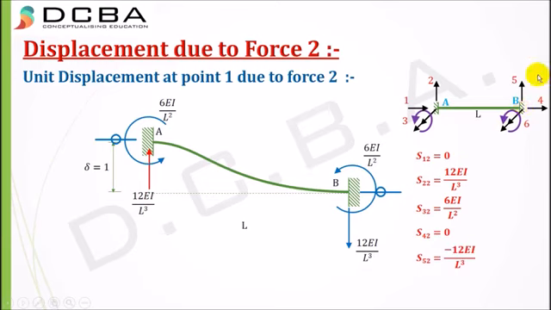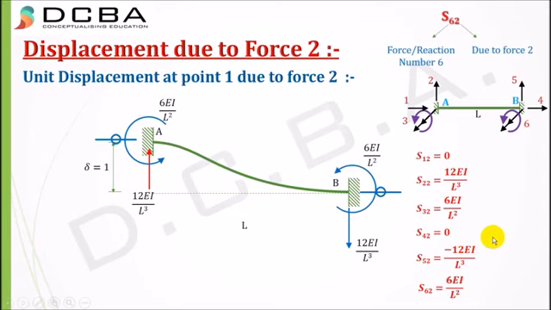S52 is minus 12 EI by L cube, that is force or reaction number 5 due to force 2. Why is it negative? Because our positive force at 5 should be an upward force, but as you can see here, my reaction is downwards, which is not conforming with my positive forces, hence it is negative 12 EI by L cube.